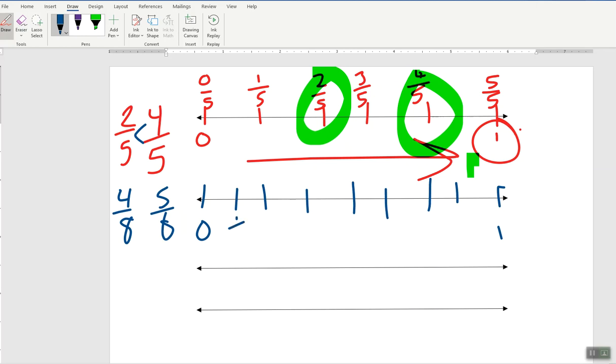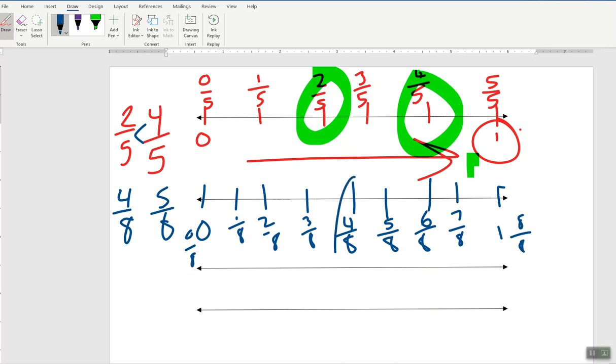So I have 1/8, 2/8, 3/8, 4/8, 5/8, 6/8, 7/8, and 8/8, and 0/8. Okay, so I want 4/8 versus 5/8. Which one's bigger? 5/8 is bigger because it is closer to 1.